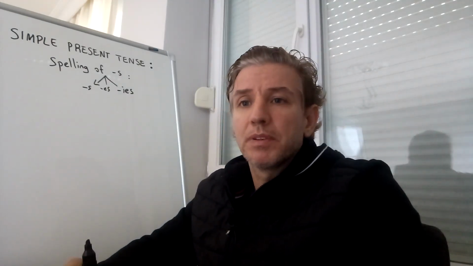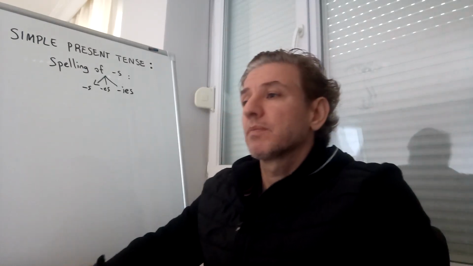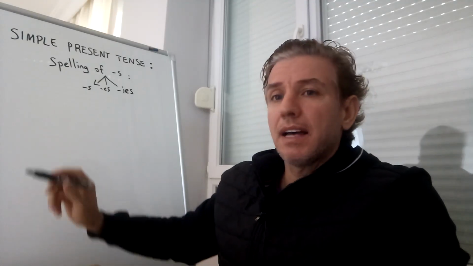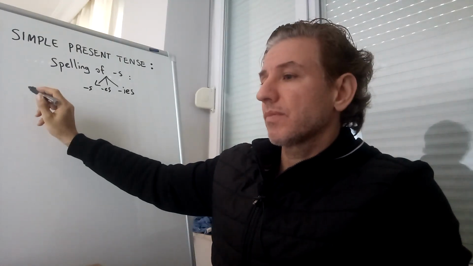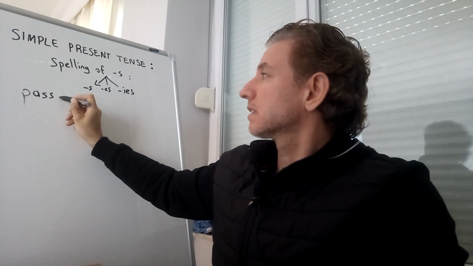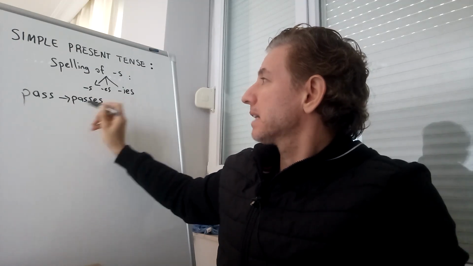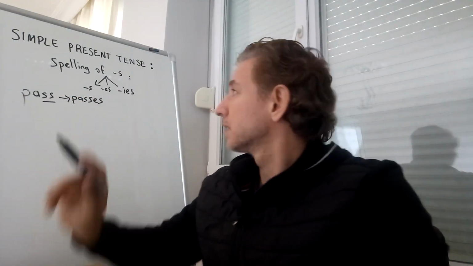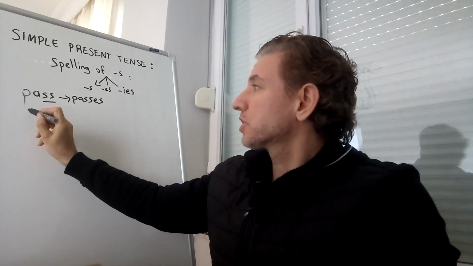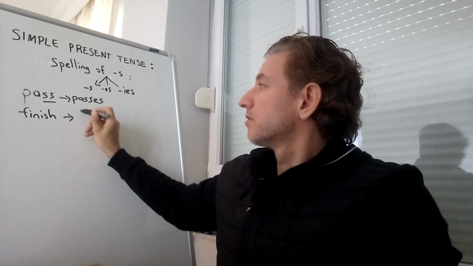A normal verb takes these three forms. We use ES after pass, okay? Pass, passes. So with double S we use ES.